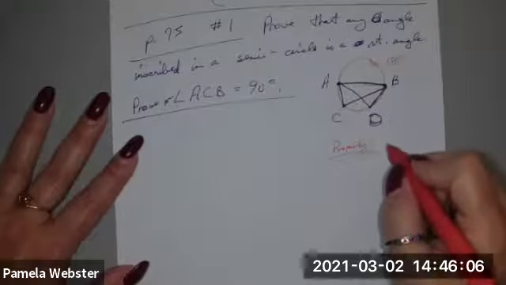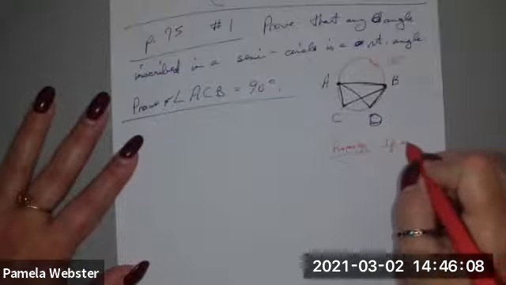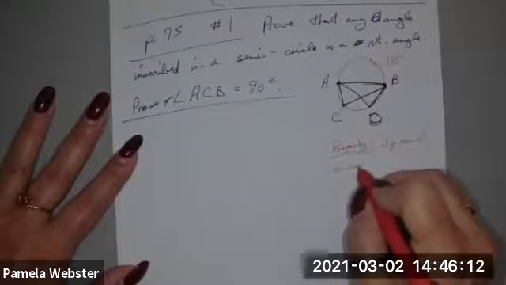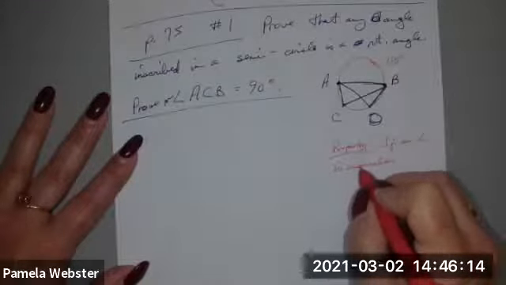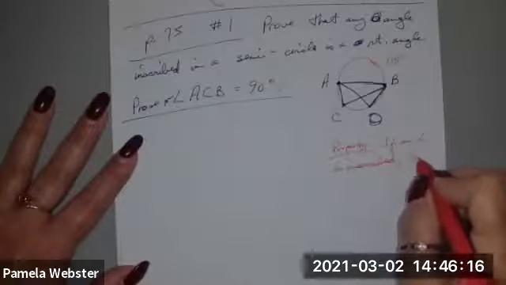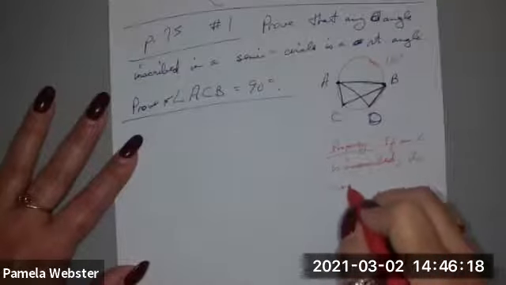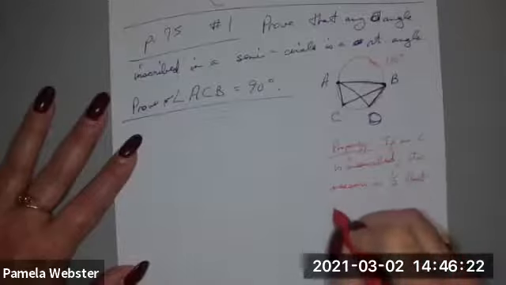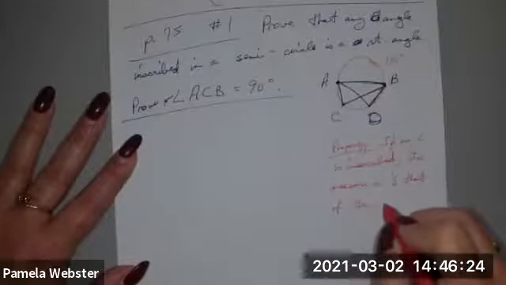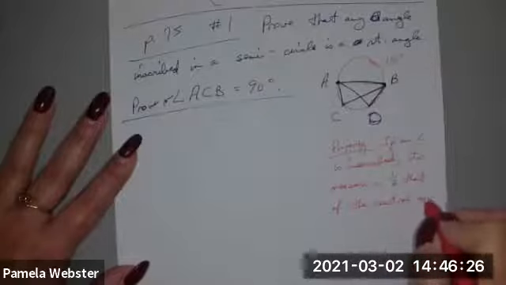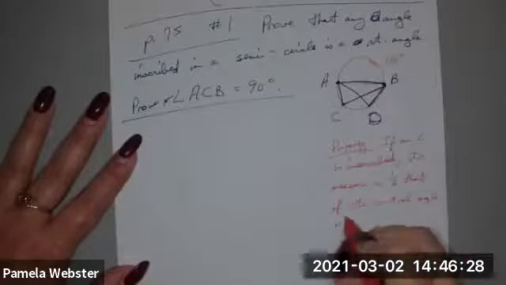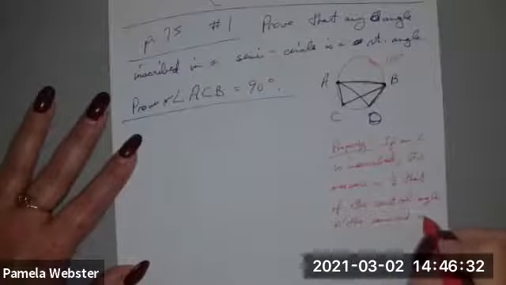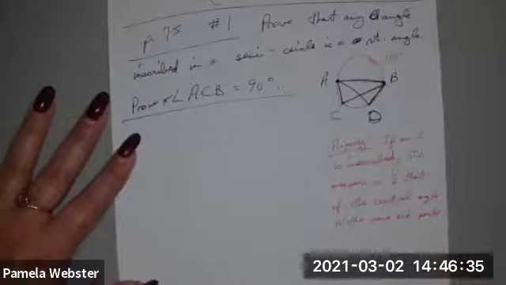But there's a property that says if an angle is inscribed, its measure is half that of the central angle with the same endpoints. That's what Ashley just told me, right?